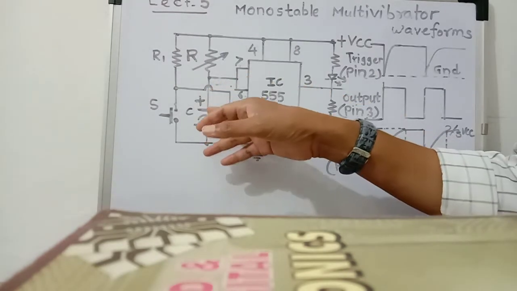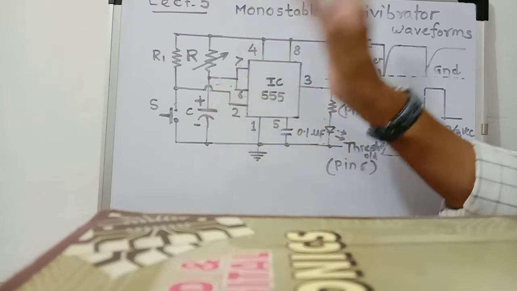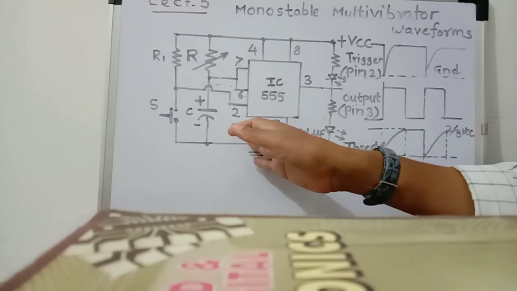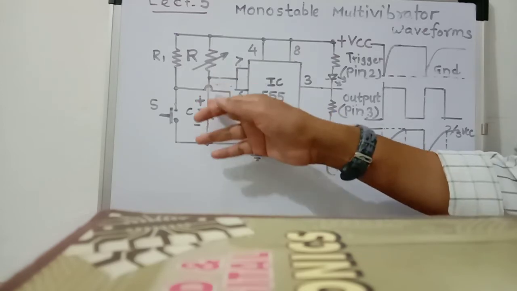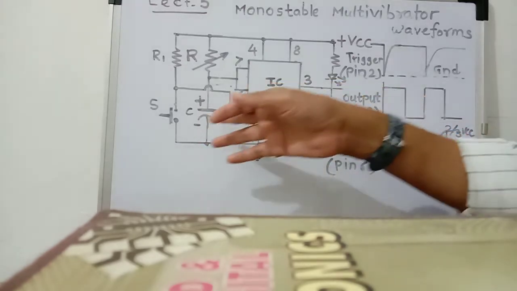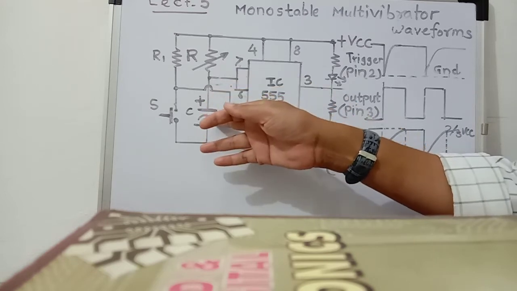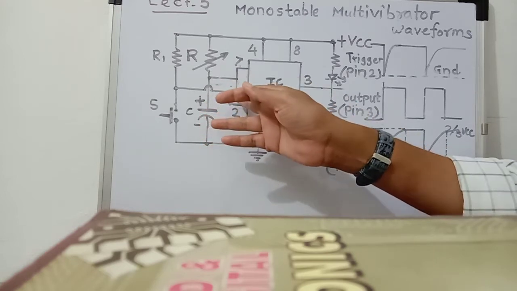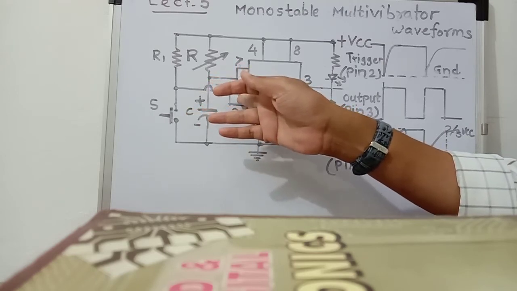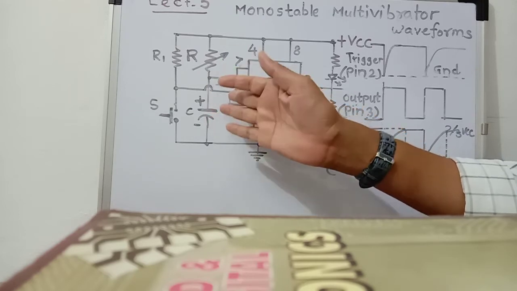Also, the external timing capacitor C is held in the discharge condition, because as the capacitor C charges, the voltage across it increases exponentially, and when it reaches two-third VCC, then pin number 6, which is also connected here, the threshold input of the upper comparator, activates.